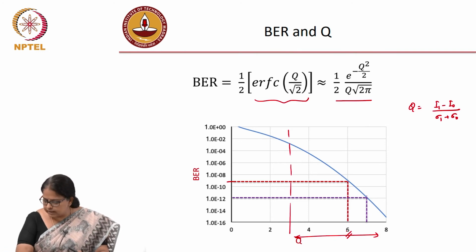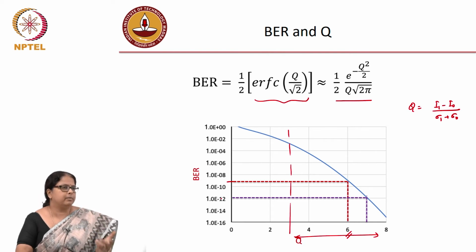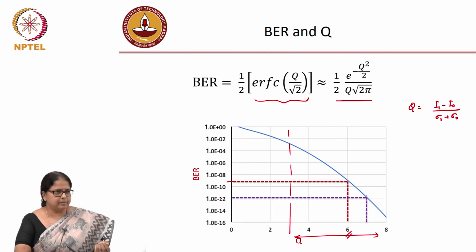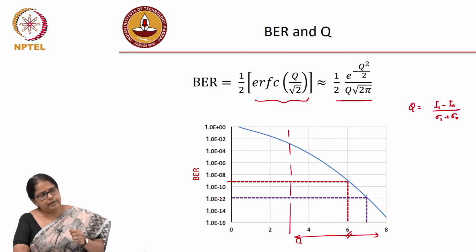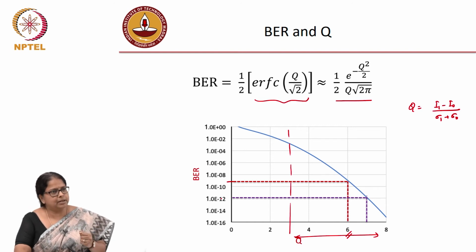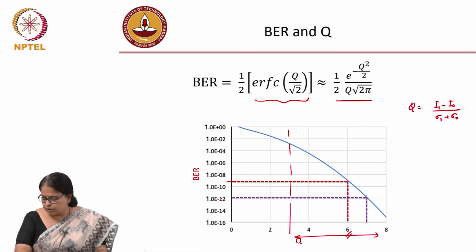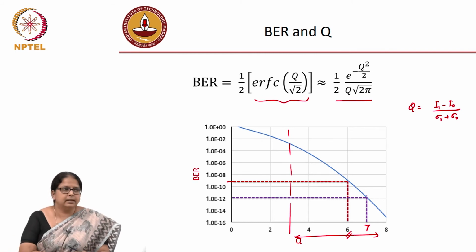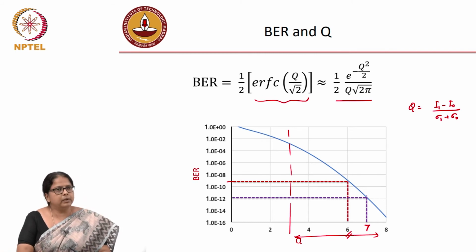There is also a standard which talks about 10 power minus 12. So people either try to achieve 10 power minus 9 or 10 power minus 12. Obviously, a BER of 10 power minus 12 is a much more reliable system than a 10 power minus 9 system. If it's 10 power minus 12, the required Q is 7. So these two numbers are worthwhile remembering.